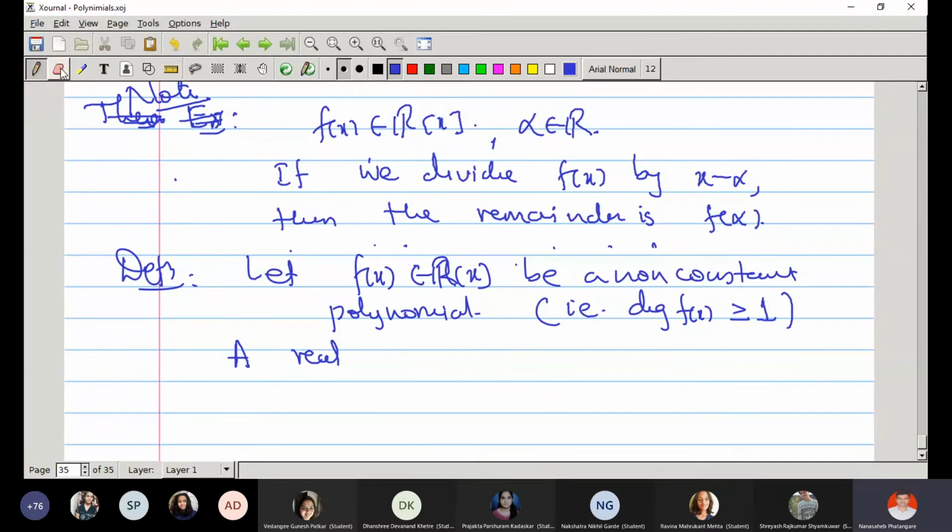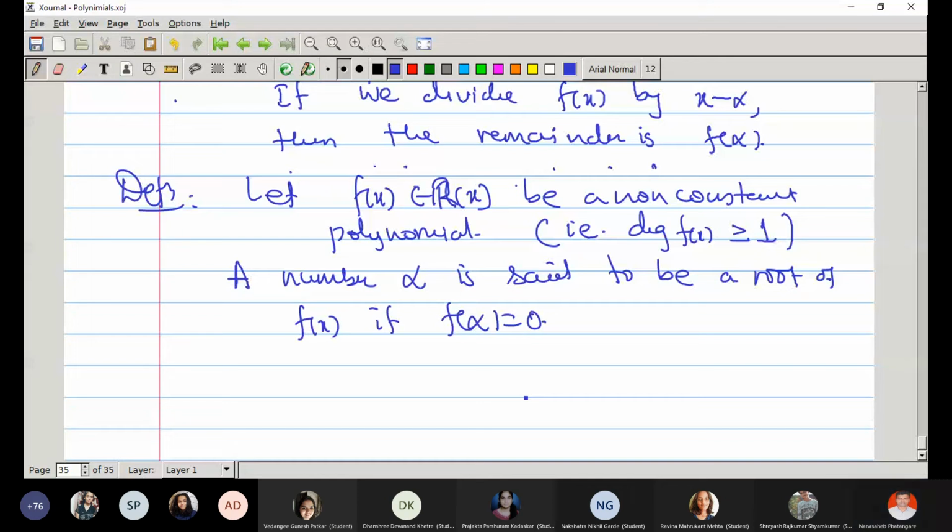A number alpha is said to be a root of f of x if f of alpha is 0. So when we say that a number is a root, it satisfies the polynomial.